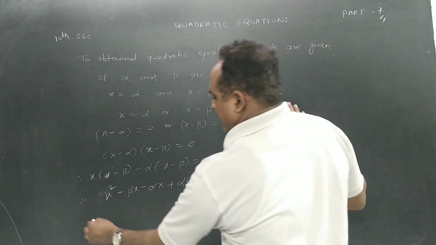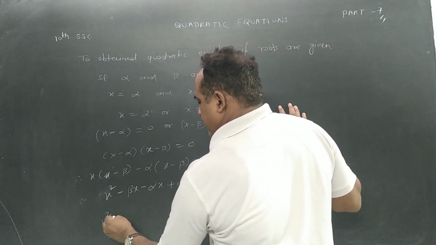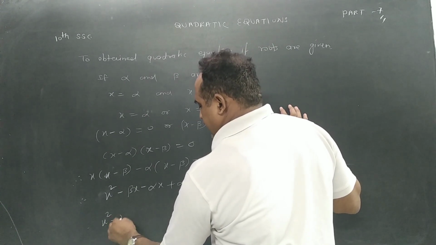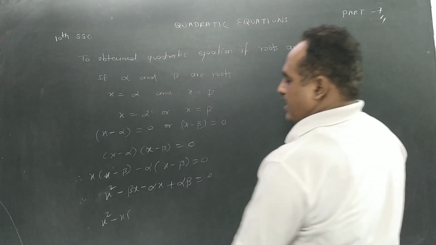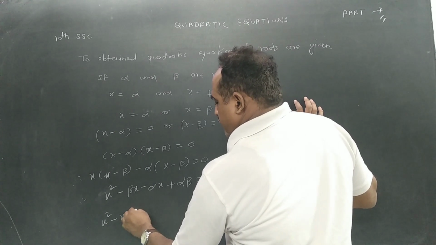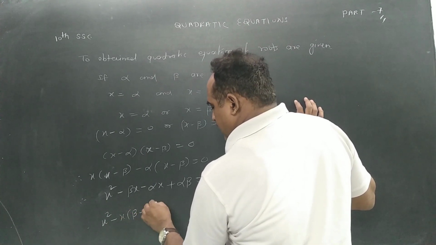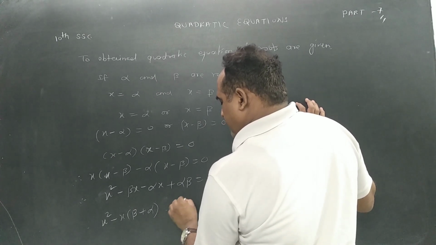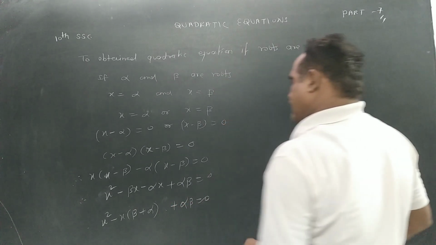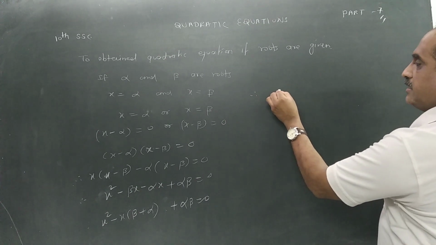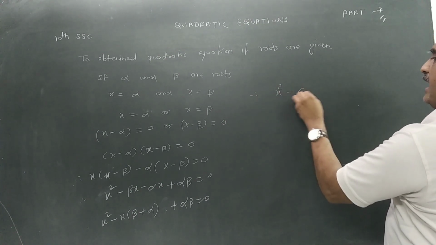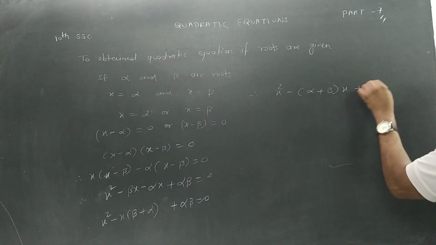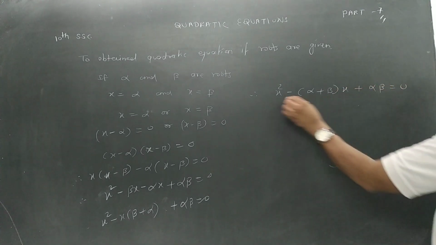Or what I can do is x square, if I am taking minus outside and I am going to take x outside, what happens then? Beta plus alpha x plus alpha beta is equal to 0. Or we can write what? x square minus (alpha plus beta) x plus alpha into beta is equal to 0.